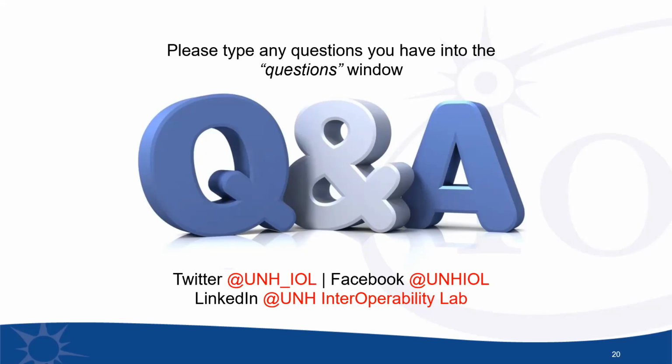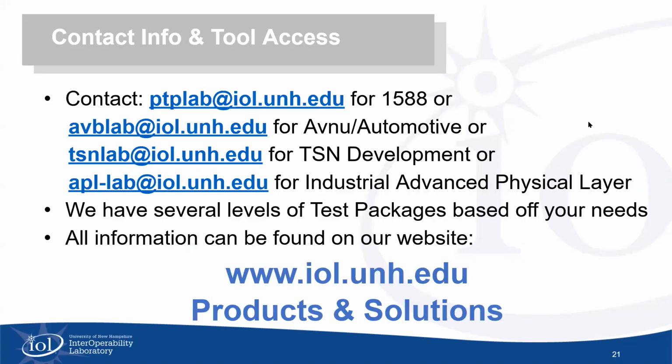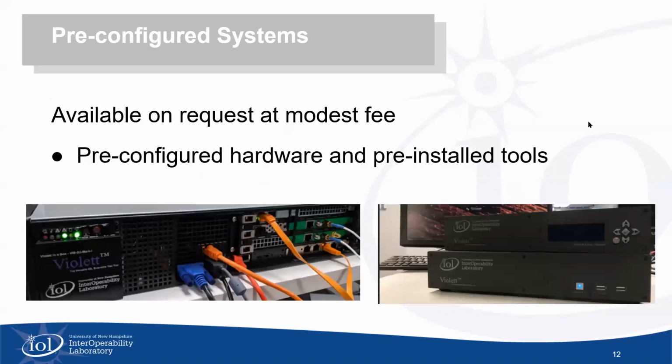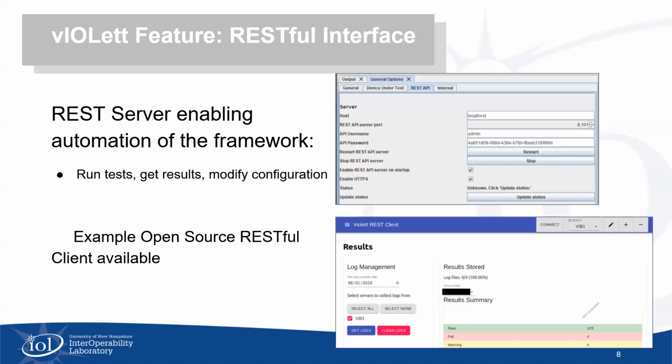So the question that comes back as far as which test cases, FQTSS or gPTP, will REST API be most helpful with? Again, I think the context here is the REST API of the tool's offering, where we can provide that REST server to connect to and drive the tool.